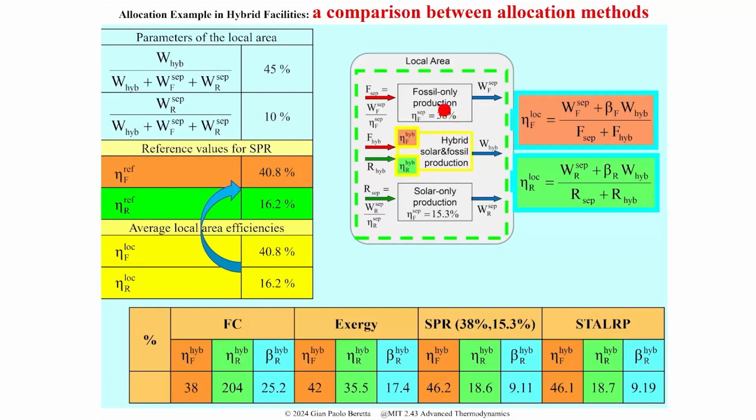Okay. Now here's the hybrid facility, and these numbers define the relative role of hybrid production in the local area. For example, this says that of the overall electricity, 45% is hybrid, and 10% is separate solar, so like photovoltaics.